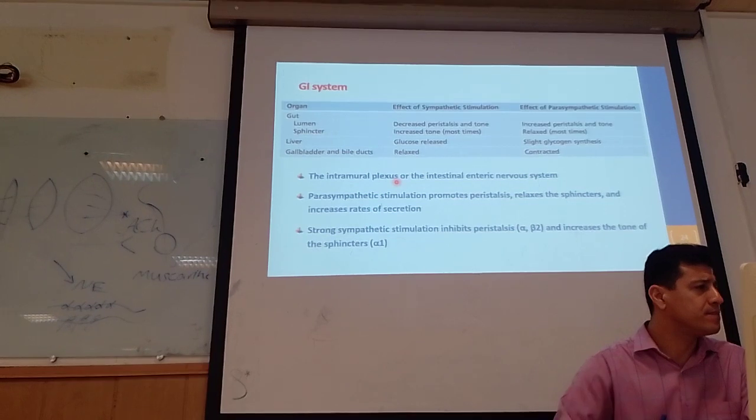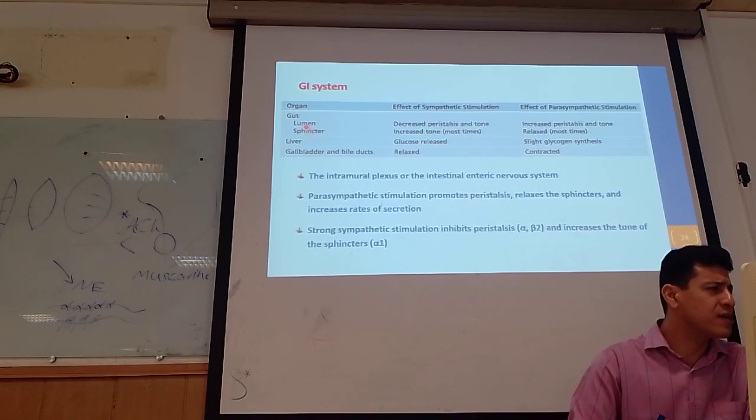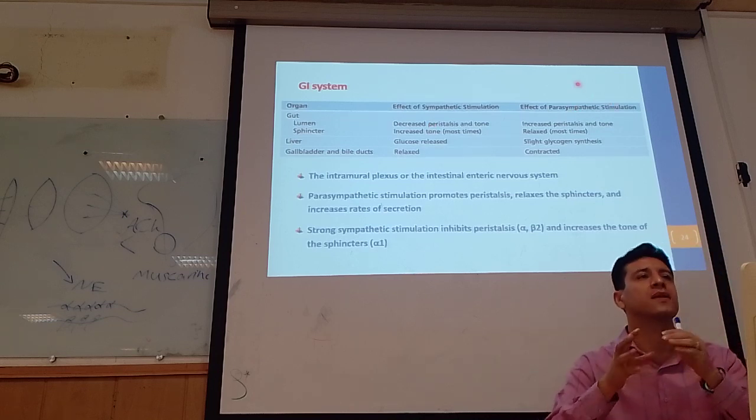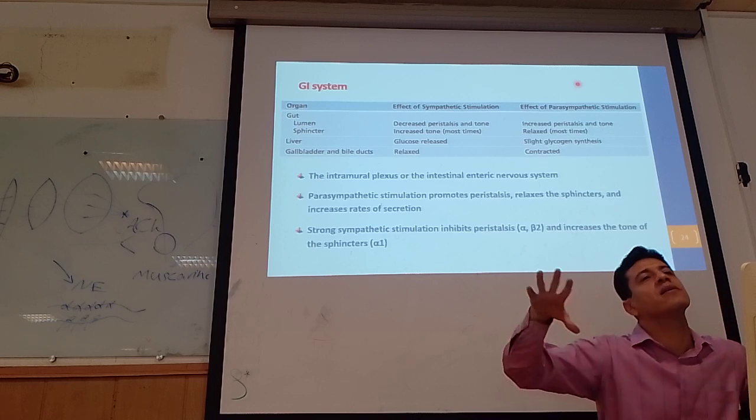GI system. So the gut has two parts, lumen and sphincter, right? Sympathetic innervation causes relaxation in the lumen and contraction in the sphincter. So the tone increases in the sphincter, the tone and peristalsis decrease in the lumen. But parasympathetic innervation has the opposite effect. Lumen is contracted, sphincter is relaxed.